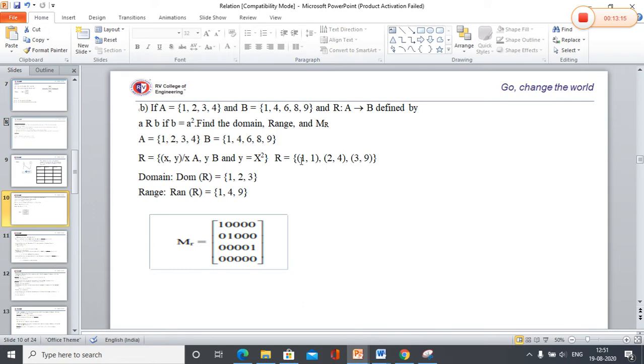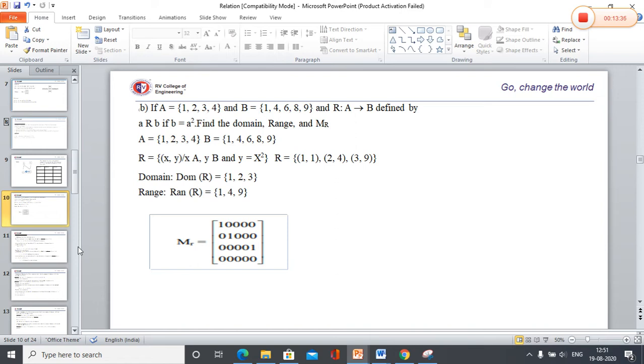So based on the ordered pairs in the relation, I have to write the matrix. So this is the matrix representation. In the same way, if I have the matrix representation, I can write the relation in terms of ordered pairs. If I have ordered pairs, I can write the matrix representation. Okay.